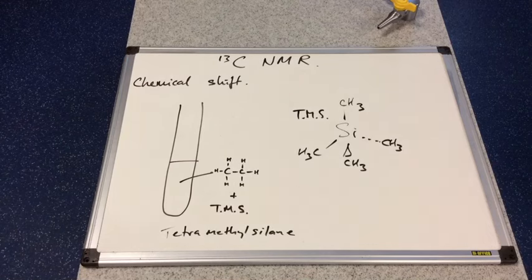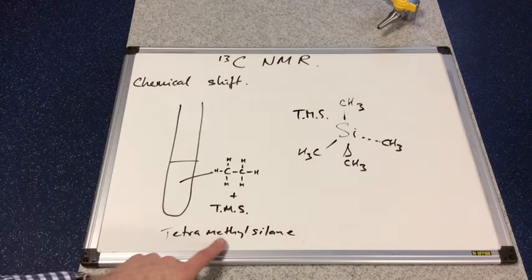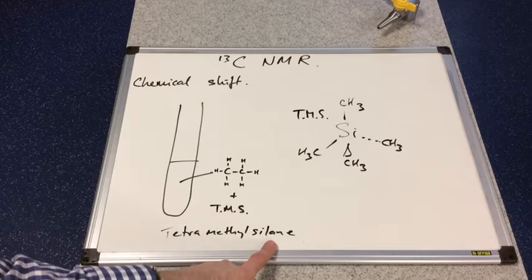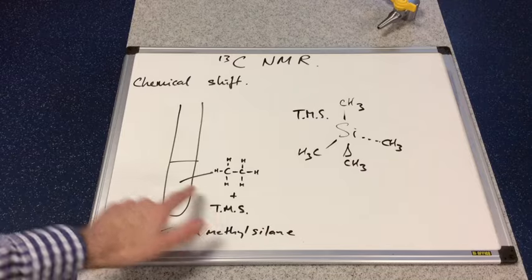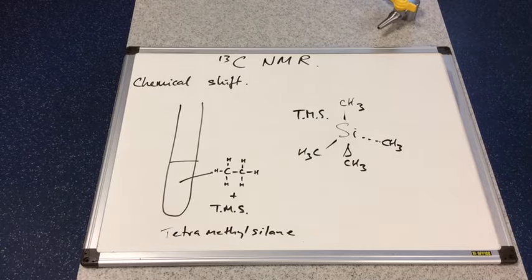tetramethylsilane. So TMS looks like this. We've got a central silicon atom bonded to 4 methyl groups, so that's a tetramethyl, 4 methyls on a silicon atom, so it's called a silane, and this is also present in the tube.